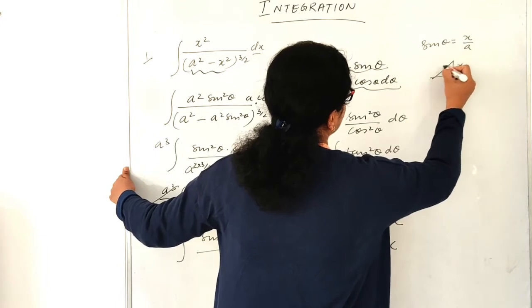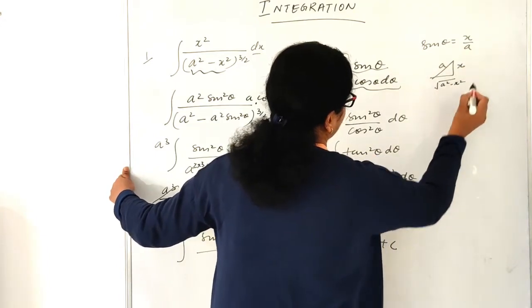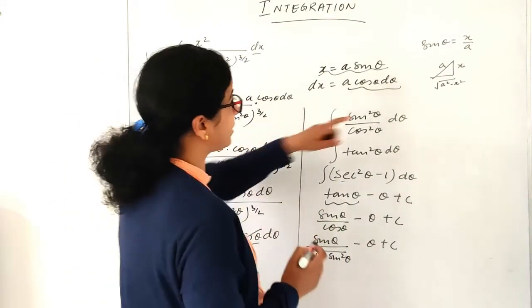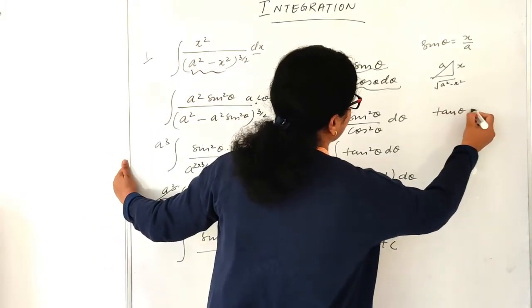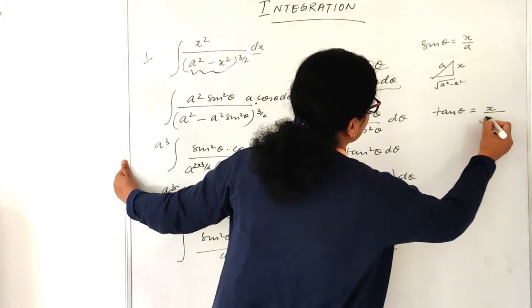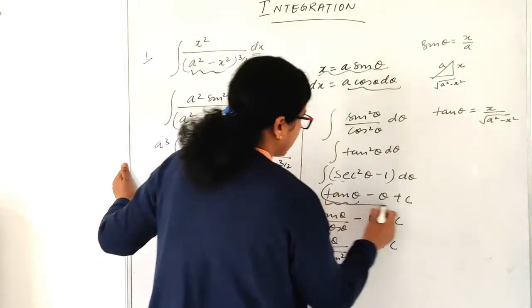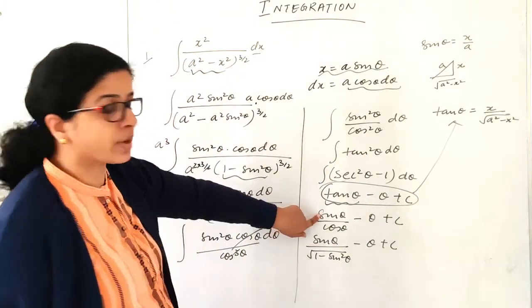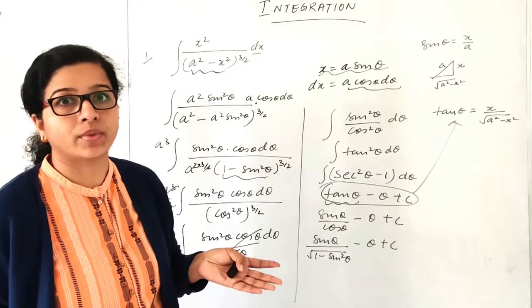So this is x, this is a, and it will become root a square minus x square, correct? So I can either directly write the value of tan theta from here. So what will be the value of tan theta here? It will be x upon root a square minus x square. So either here you can directly substitute the value of tan theta from here, or you can use this relation between sin and tan, okay.